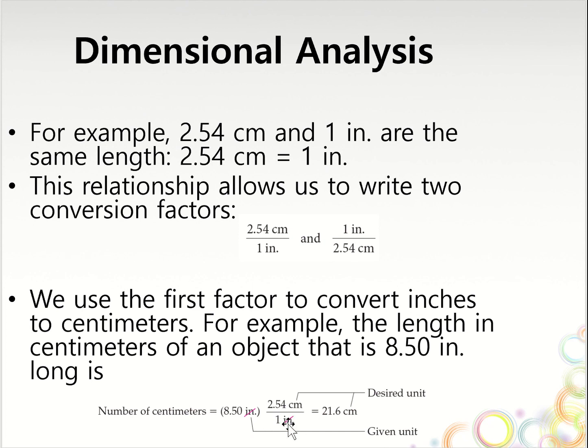And the unit that we're trying to get rid of has to be the denominator. So we use this one, all right? As we said before, they are equal. Once we cancel out our units and multiply 8.50 by 2.54, we get the conversion from inches to centimeters.